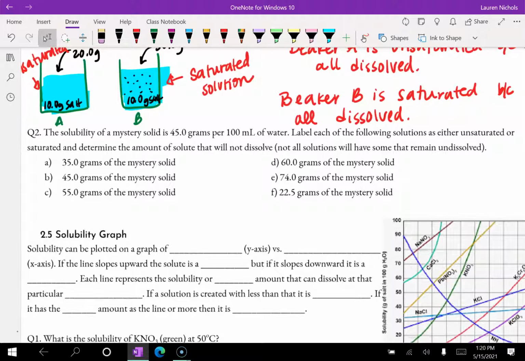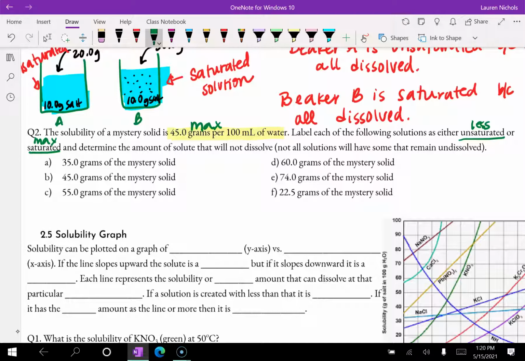So it says the solubility of a mystery solid is 45 grams per 100 milliliters of water. So that means if I have 100 milliliters, I can dissolve 45 grams. This is my maximum. Label each of the following solutions as either unsaturated, meaning less than the max, or saturated, meaning it's dissolved the max, and determine the amount of solute that will not dissolve.